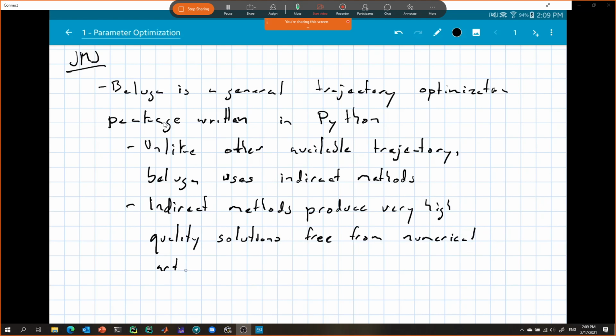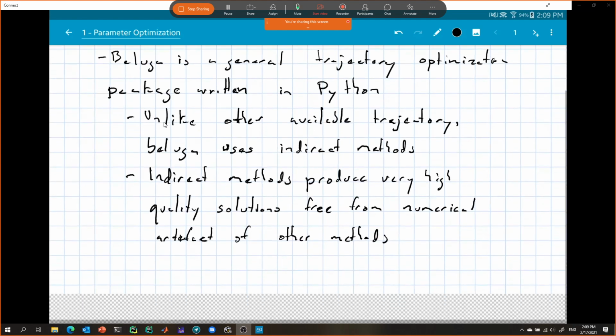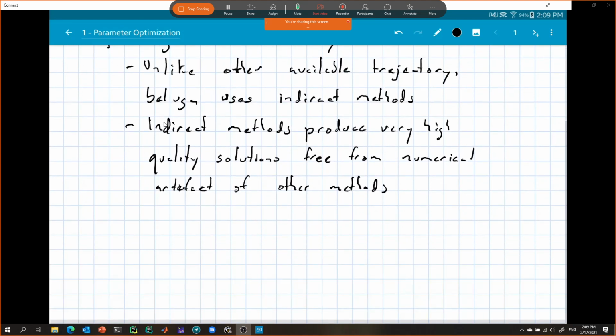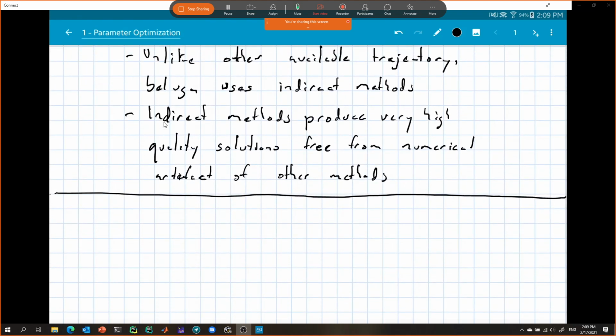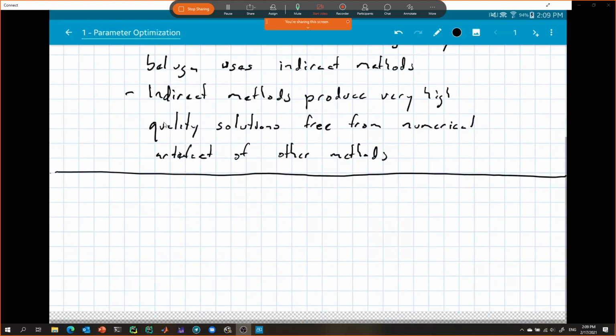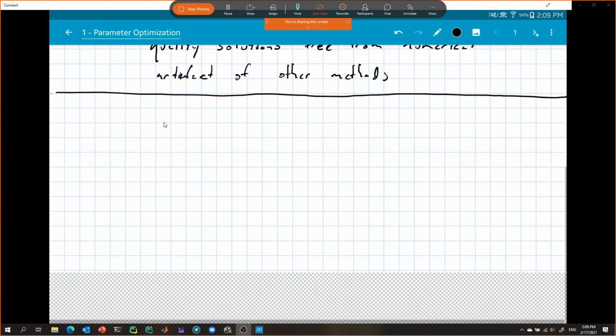We don't get those with indirect methods because we optimize the problem before we discretize it. That's it in short. Once again, I'll cover that more later, but that's a super general Beluga overview. So I hope you guys got that. Hopefully this writing paces things out. If it doesn't, I'm sorry. It's always pasted out to me.